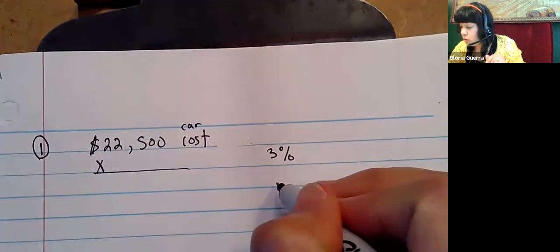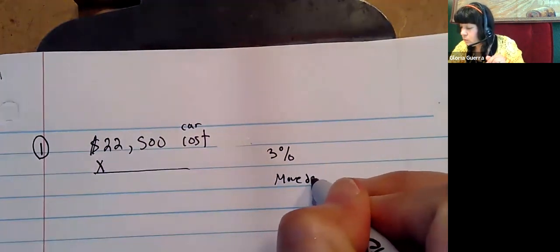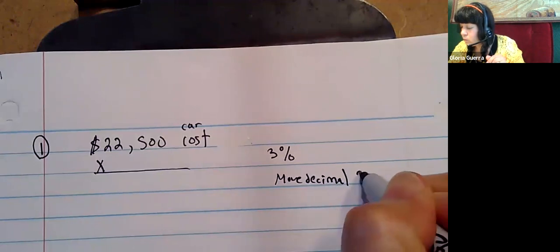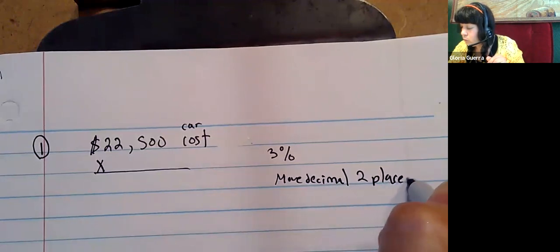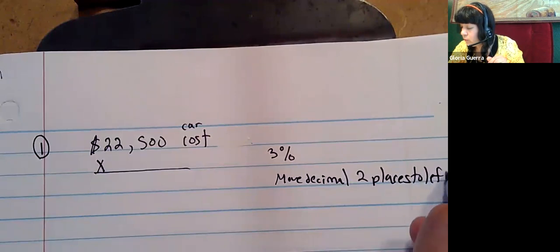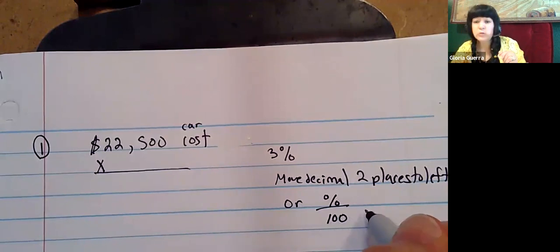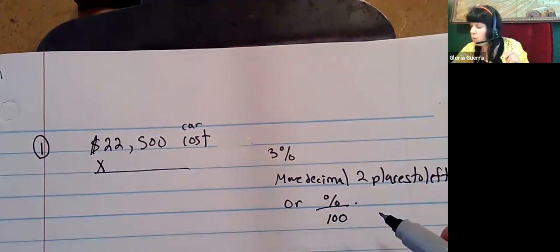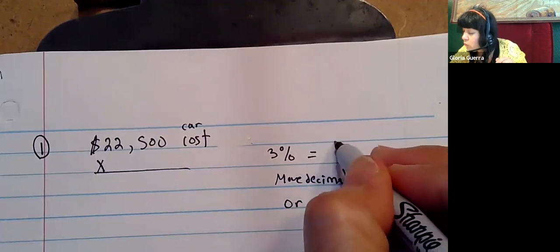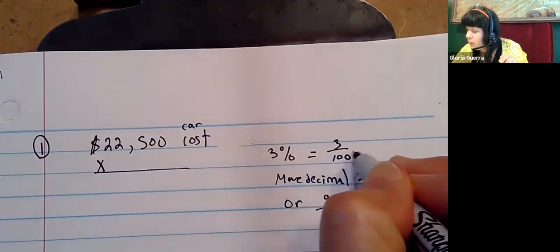Okay, so what you can do is you can either move the decimal 2 places to the left, or, because the definition of percents is parts per 100, you can actually divide it by 100. So you can do 3 divided by 100, okay?